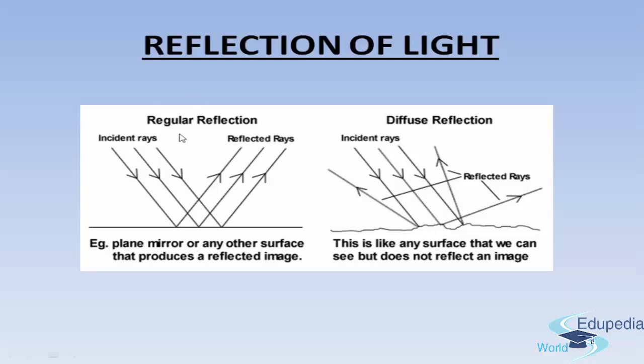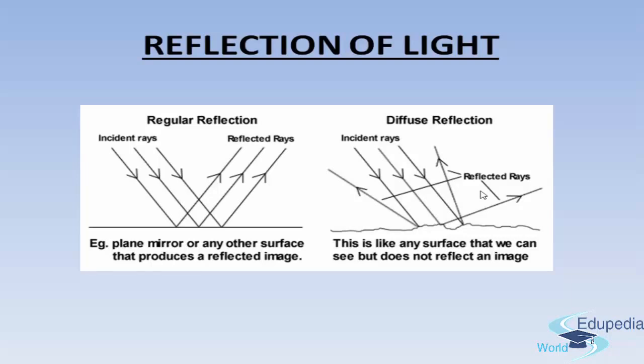Right. So an example of regular reflection will be mirrors. However, an example of diffuse reflection will be the kind of reflection that I had shown you in the water or in the lake when we see the reflection of the trees or of any person who's walking in the water. He will be able to see his own image.